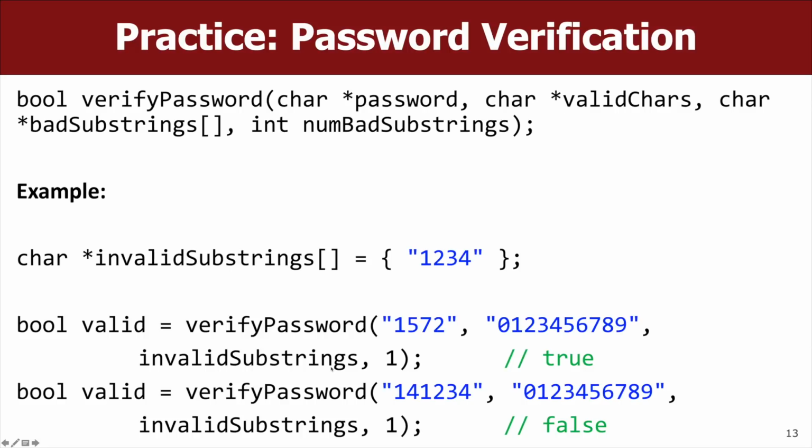On the other hand, if we call verify password on 141234, this still contains only digits 0 through 9, but it contains the substring 1234, and for that reason is not a valid password.